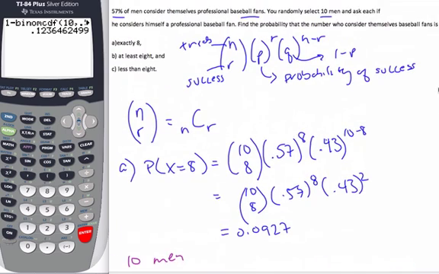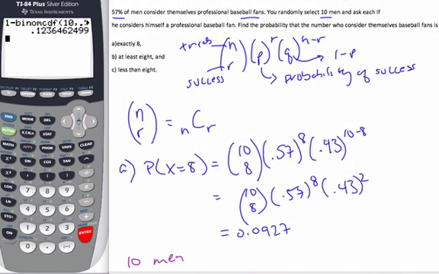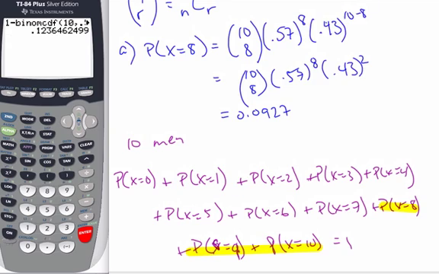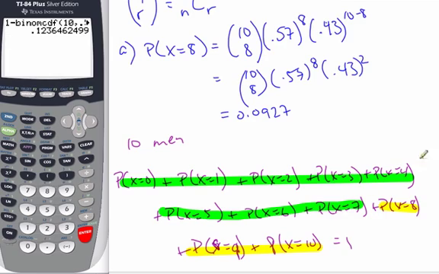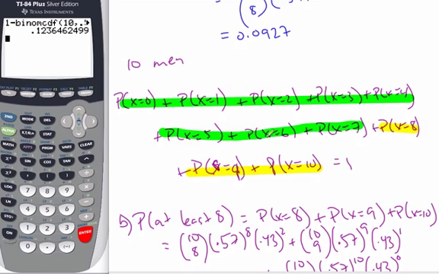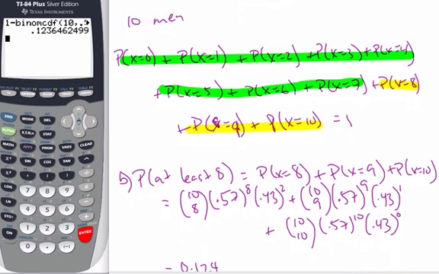All right, so let's go to C, last part. Let's go to C part now. I'll switch to green. I want less than 8. Well, if I want less than 8, all these possibilities are less than 8, and these are less than 8. So I know together these green ones and the yellow ones add up to 1.